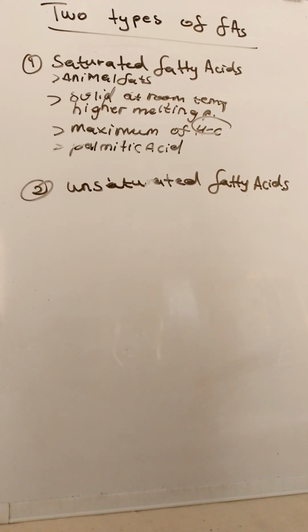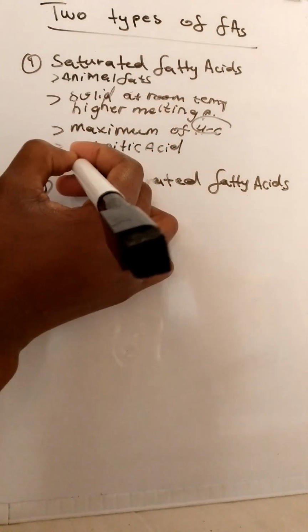This molecule is an example of a saturated fatty acid. It consists of single bonds and has a higher melting point. We also have what is known as stearic acid.